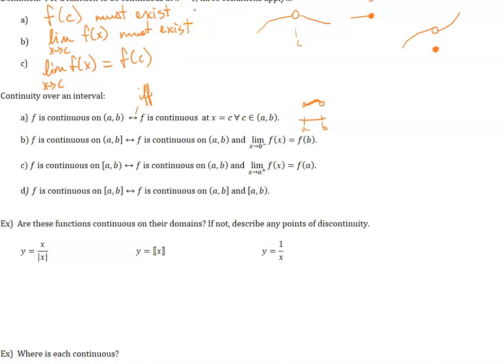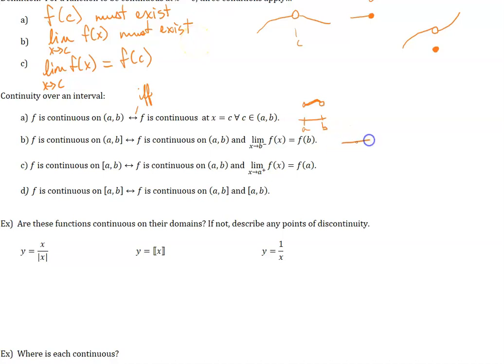Okay. For part B, we have that f is continuous on the interval that is open at a and closed at b, if and only if it's continuous on the open interval, so it satisfies the first part. Also, the limit as we approach b from the left is equal to the value of the function at point b. So in other words, we're satisfying this condition in a one-sided type of way.